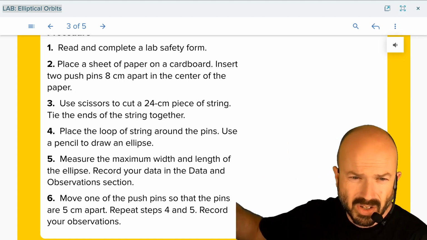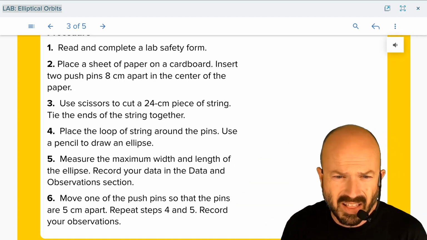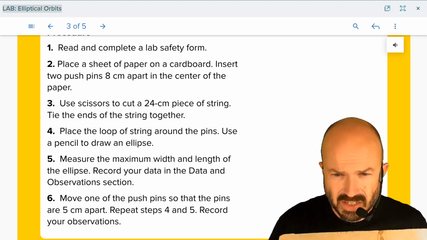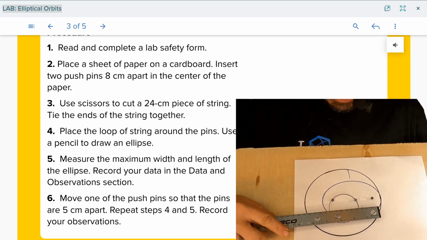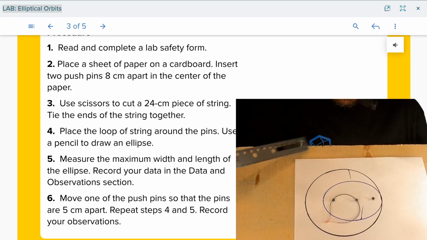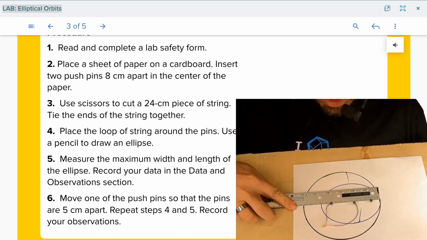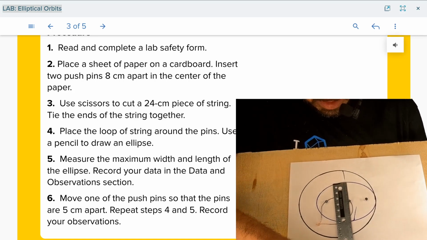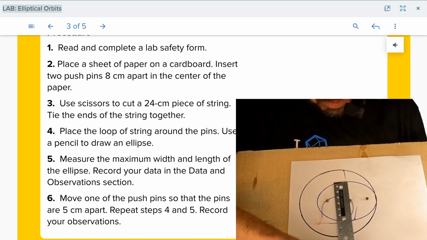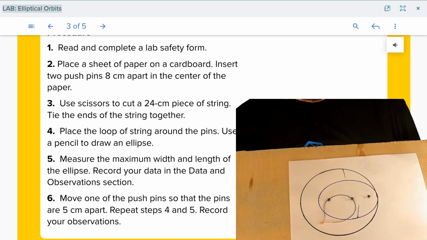Let's measure the maximum width and length of the ellipse. So here we have it. The ellipse has a length of 12 centimeters and a width of 8.5.